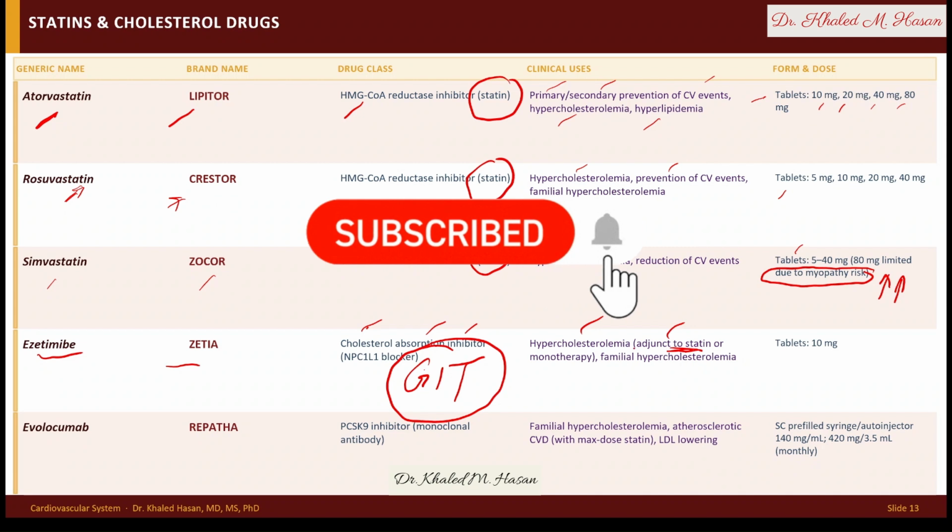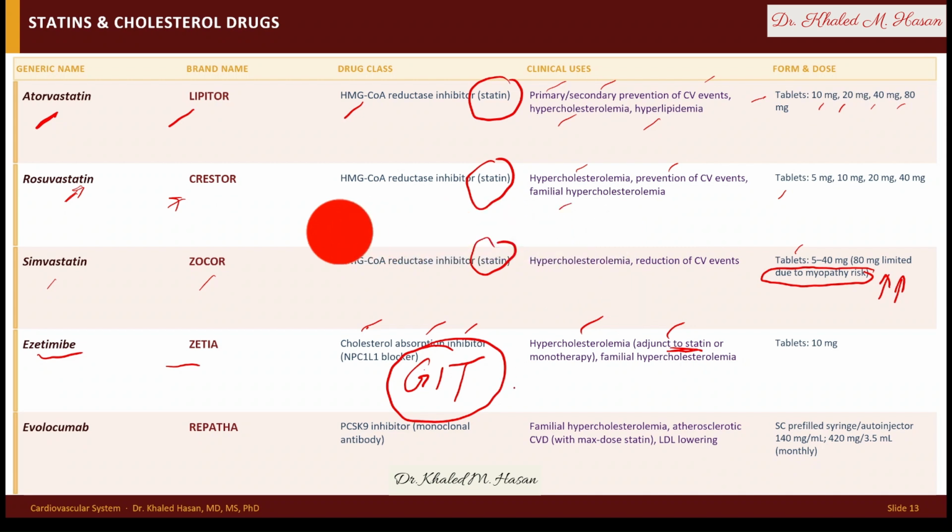So sometimes we can find two medications in one tablet, a single combined treatment, available as 10 milligram tablet. Evolocumab, brand name Repatha, PCSK9 inhibitor, monoclonal antibody. If someone suffers from inherited hypercholesterolemia or familial hypercholesterolemia, evolocumab will be a drug of choice after using the statin.